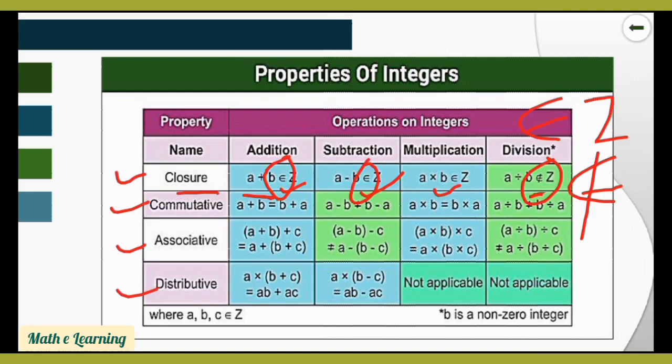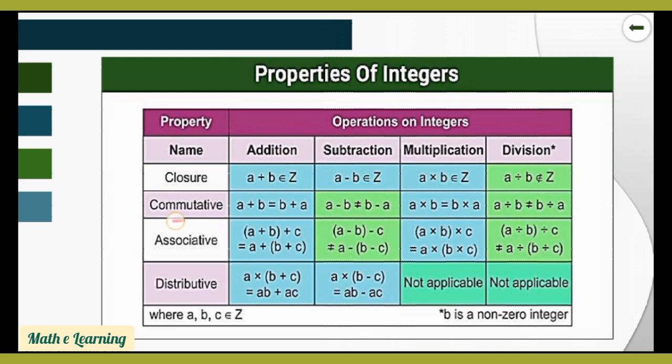Then we refer to the next property, commutative property, and it applies to addition and multiplication, does not apply to subtraction and division. See, it is given here, it does not equal, right? And next property is associative property.